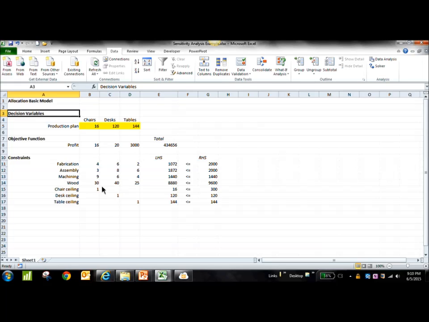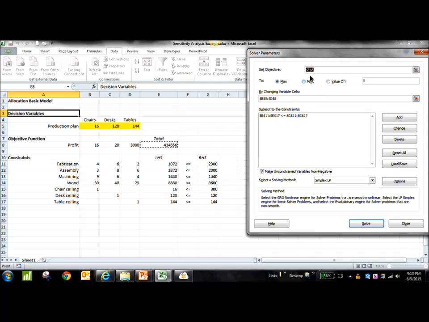So now that you have your model set up, you go to the Data tab, Solver, and then you set up your objective function. We want to maximize profit by changing these 3 variables and making sure that these constraints, these left-hand sides, stay below our constraints, which are the right-hand side.